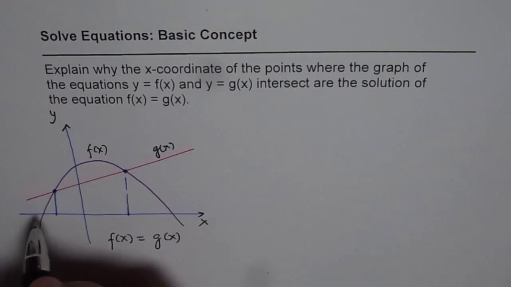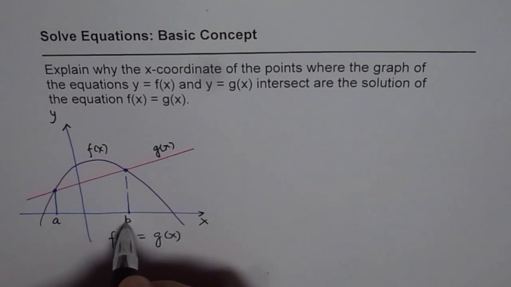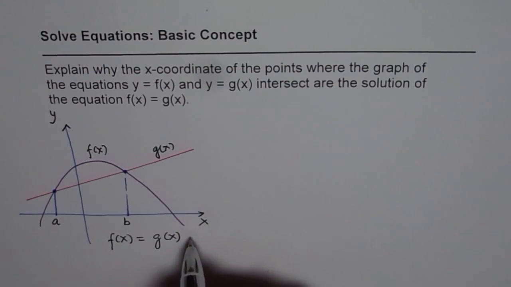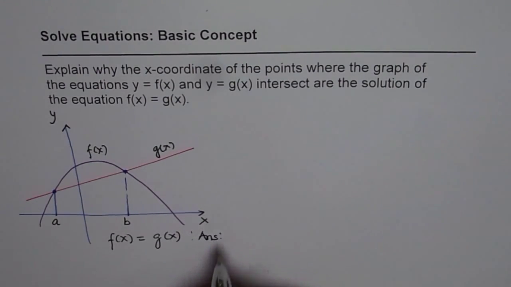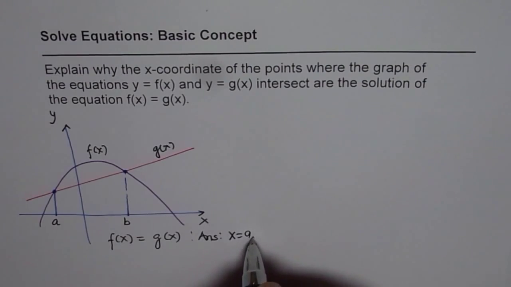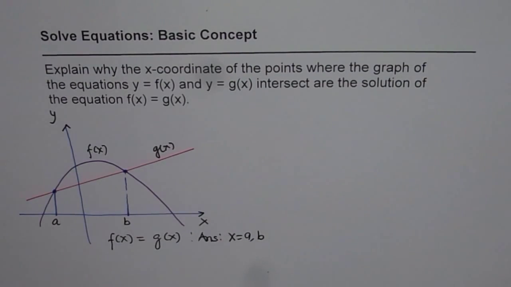Let us say in this case the x values are a and b, right? Then we say our solution to this is x equals a or b. That is what basically solving equations means.